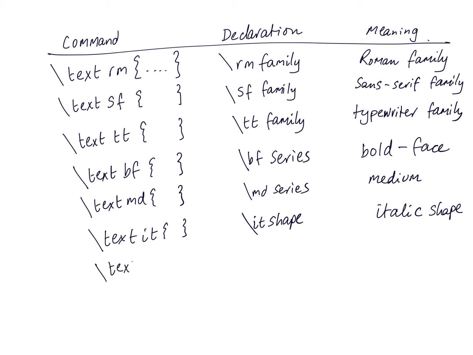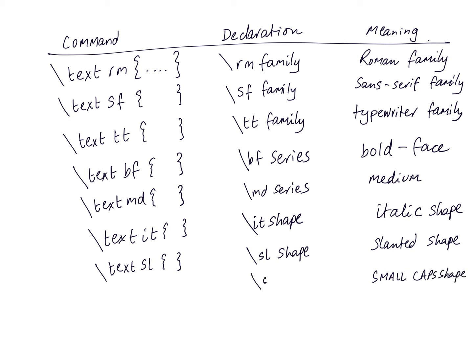So this is an important sheet if you look at it. That would be my slanted shape, SL shape. And then SC will be small caps, SC shape, text SC.